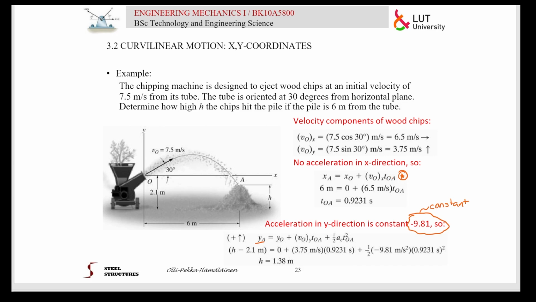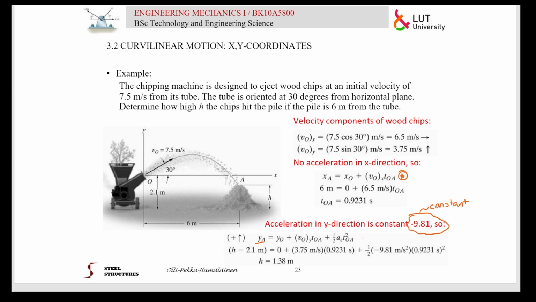The only thing is that the term related to acceleration was removed because there is no acceleration in the x direction. In real life, there is some sort of acceleration in the x direction related to friction, for example, air friction. In this case, it's an ideal case, so we are just considering that there is nothing in the horizontal axis stopping that particle from flying. That's why we can say no acceleration in the x direction.